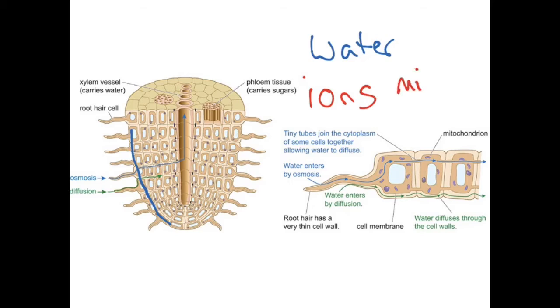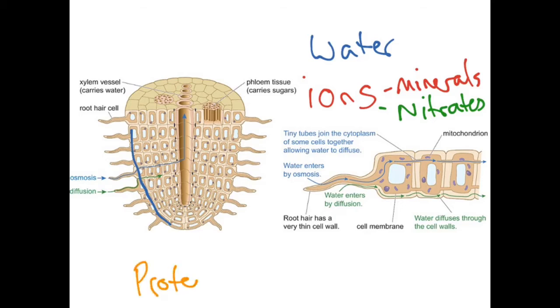So ions, you would call these minerals, and it's things like nitrates. Why do plants need nitrates? Nitrates enable plants to make proteins, so they're one of the important things in amino acids. So for plants to get bigger, they need to absorb nitrates from the soil so they can make proteins with that, so they can build new cells.